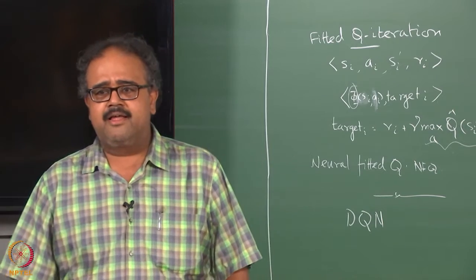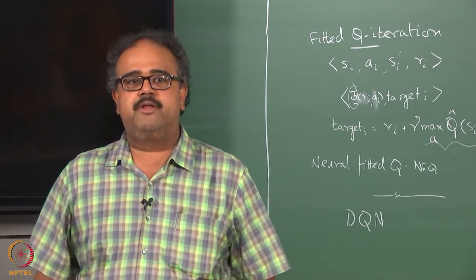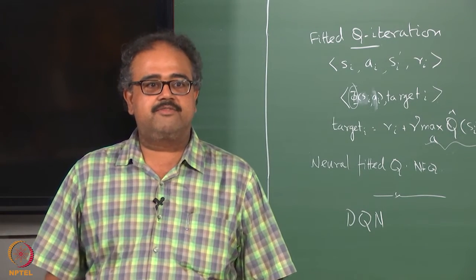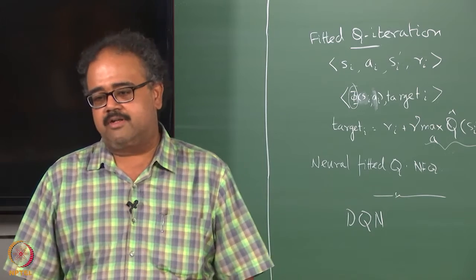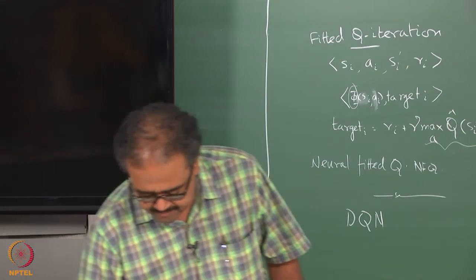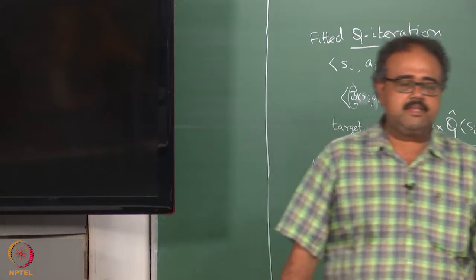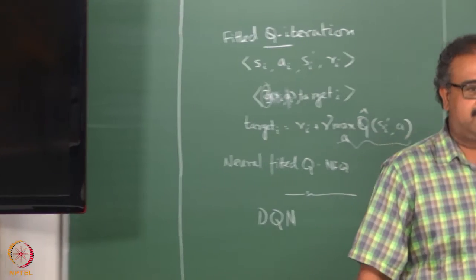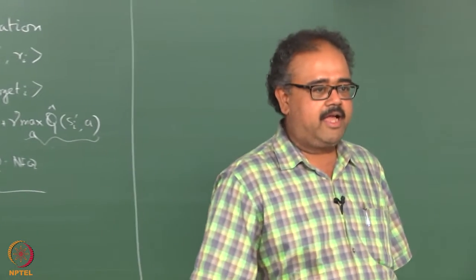So DQN is a deep Q network that addresses a few of the problems that we spoke about. The first one is that it doesn't use an offline set of samples. It actually samples online. So that in some sense allows you to not have to worry about the restrictiveness of using an offline set of samples.